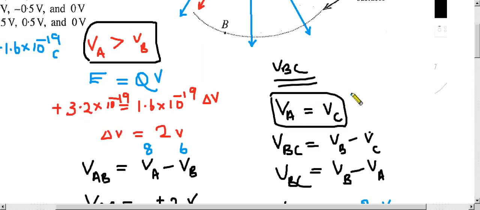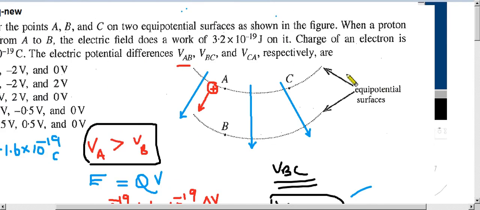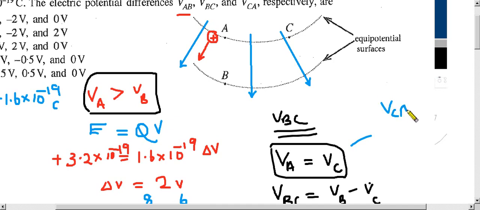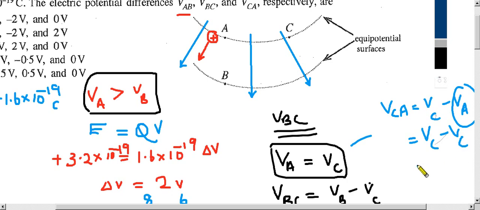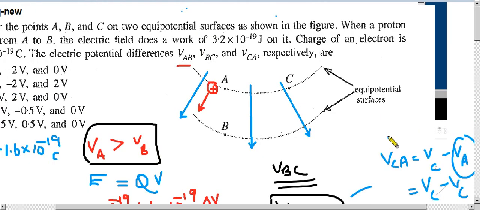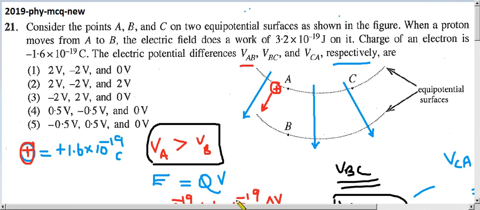Since VA equals VC, now we have to find VCA. VCA equals VC minus VA. So we can write VC minus, instead of VA, since they are equal, we can write VC. So VC minus VC is 0. So the final voltage must be 0.